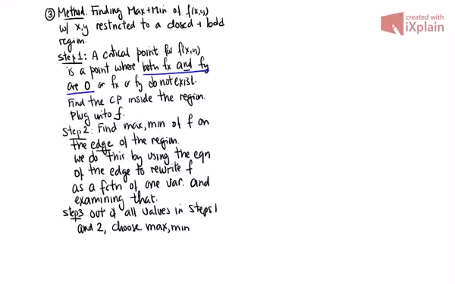So let me start with a really simple example, just so we can see these side by side. We'll find the max and min of f of x y equals 2x squared minus 3y squared on x squared plus y squared is less than or equal to 4.